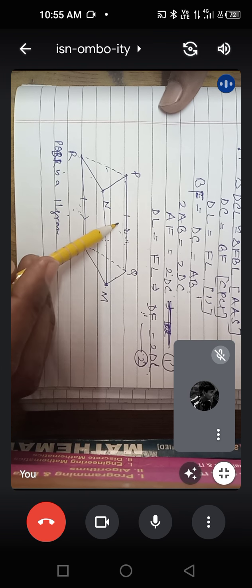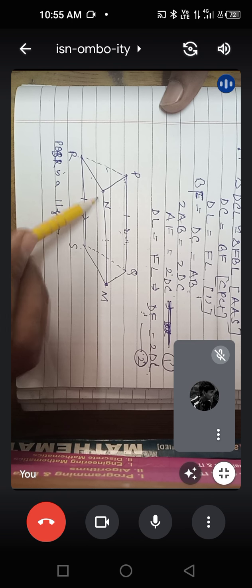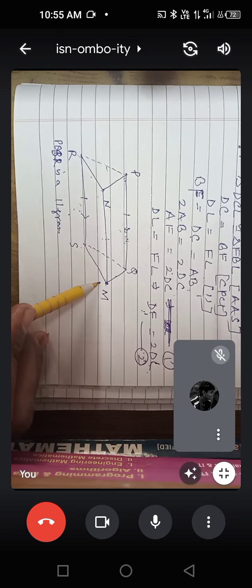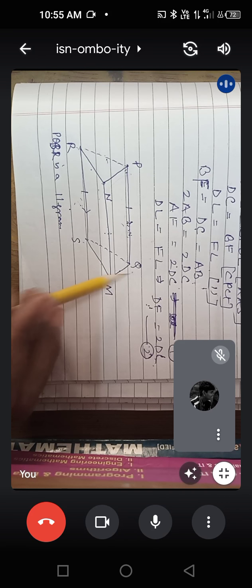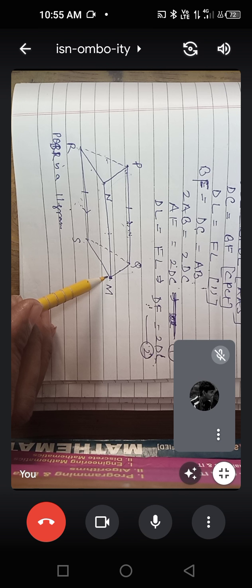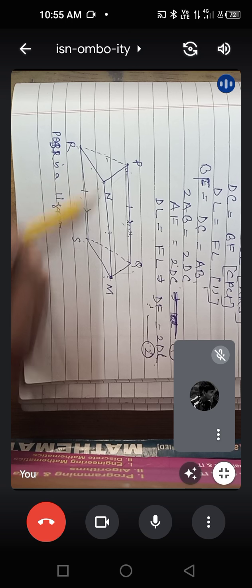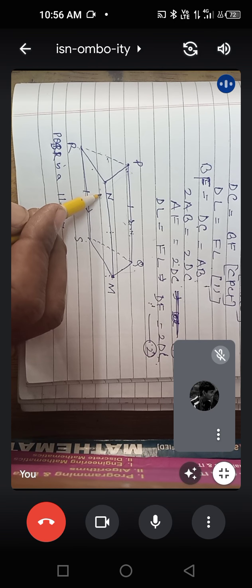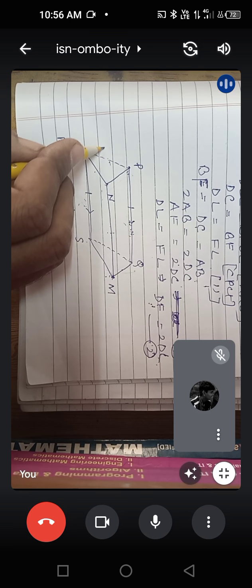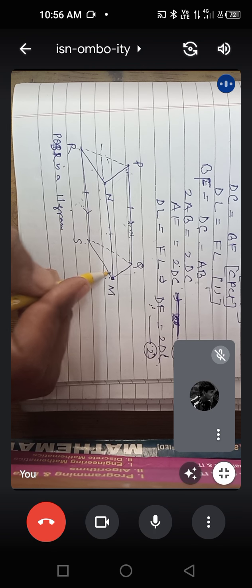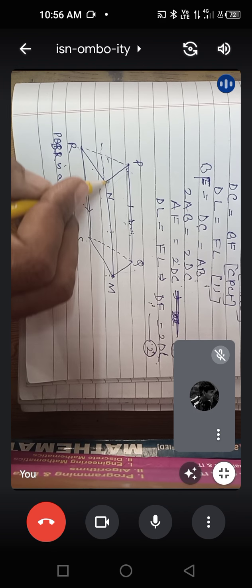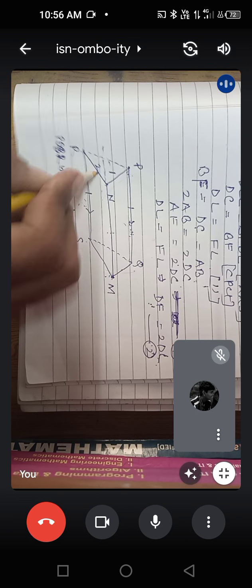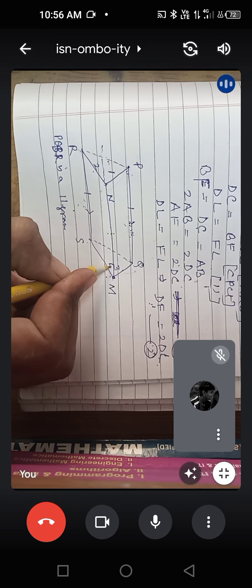Now here you see the question says that this line is drawn parallel to this, and this line is drawn parallel to this. So what you get here? Suppose you extend this here, and make this angle as 1, this angle is 2, this angle is 3, this angle is 4.